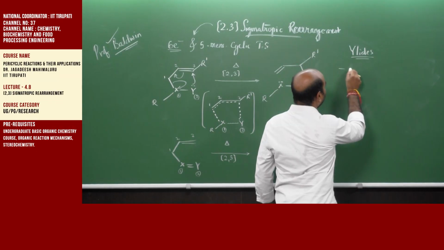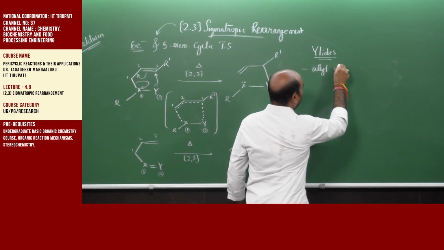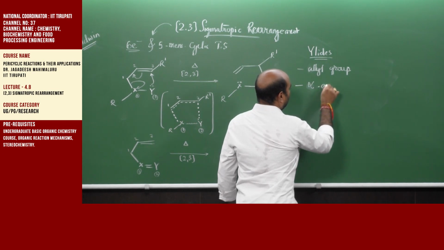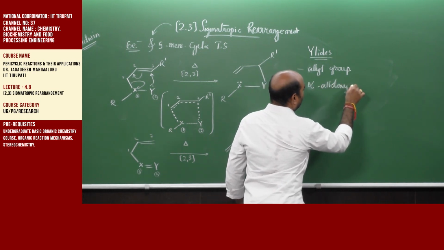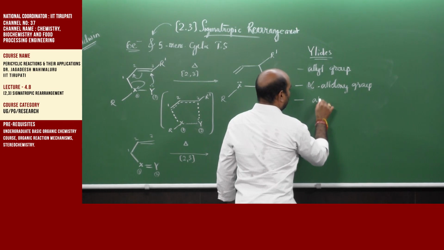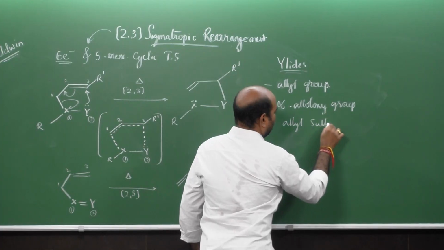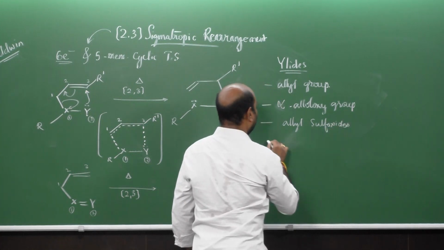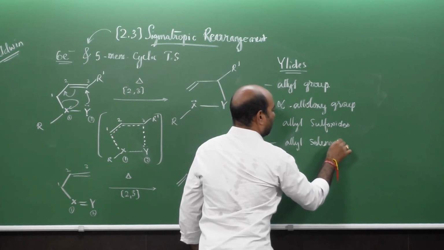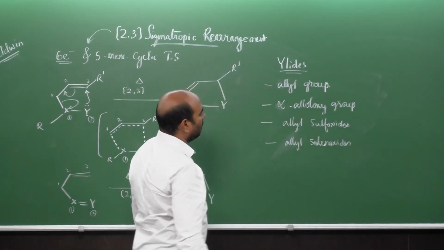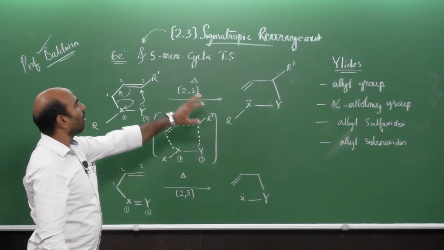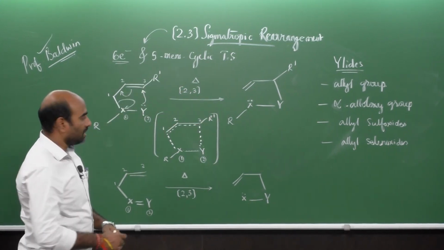So, ylides having the allyl group function are alpha allyloxy group or allyl sulfoxides or allyl selenoxides. So, if any of these are in coordination with the ylide group, then they are all capable of performing the 2,3 sigmatropic rearrangement reactions.